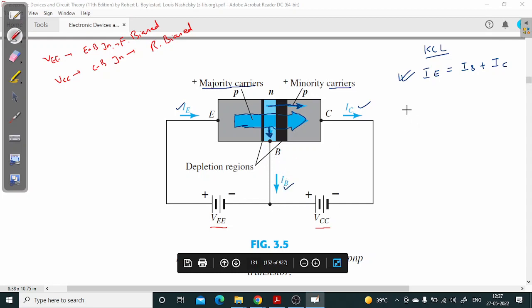IE and IC will be in the range of milliamperes, and IB will be in the range of microamperes or nanoamperes, depending on the type of BJT. I hope this is clear.